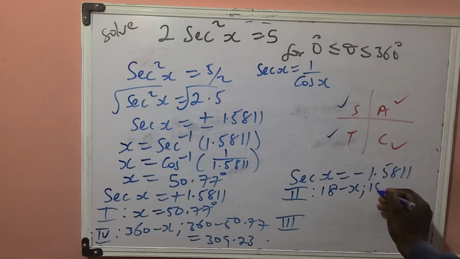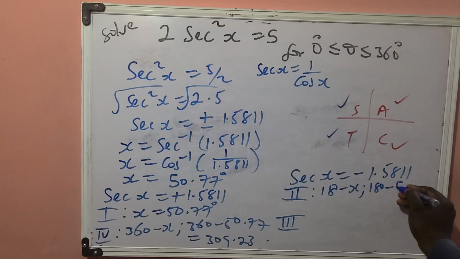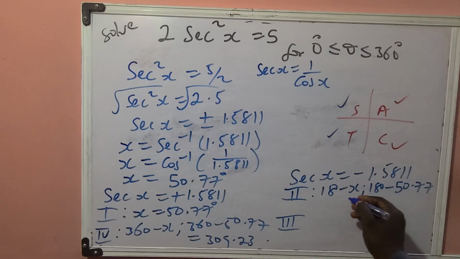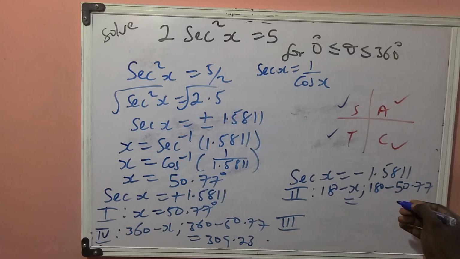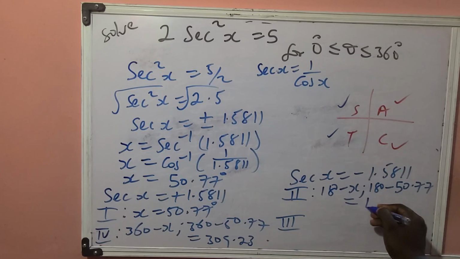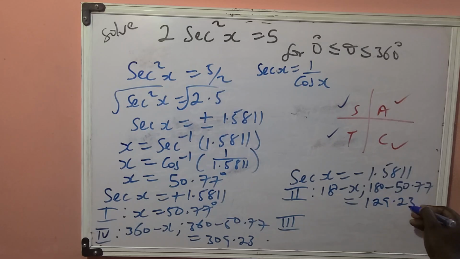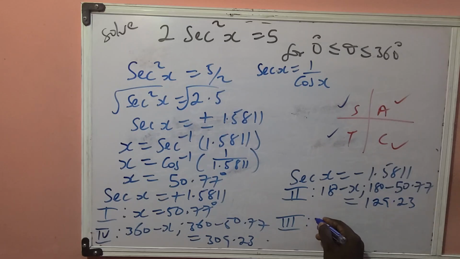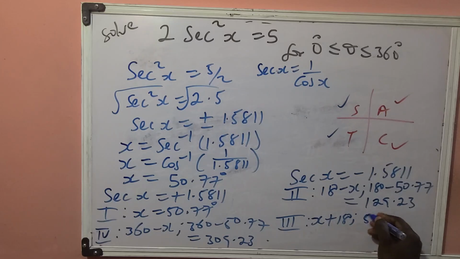In this case, we have 180 minus 50.77, and that gives us a final answer of 129.23. Then for the third quadrant, the rule is x plus 180. That will be 50.77 plus 180.